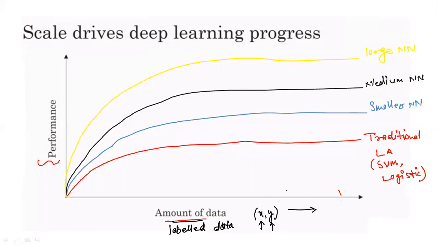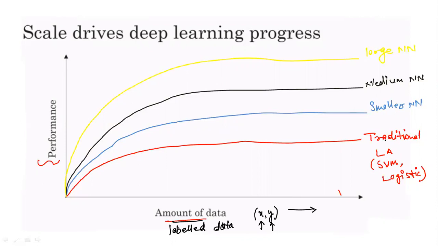And the performance also increases when we use somewhat more advanced algorithms, like when we shift from traditional learning algorithms to smaller neural networks, to medium neural networks, and then to large neural networks. But one thing has to be noted: when we were using traditional learning algorithms, less computation power was required to train these models.